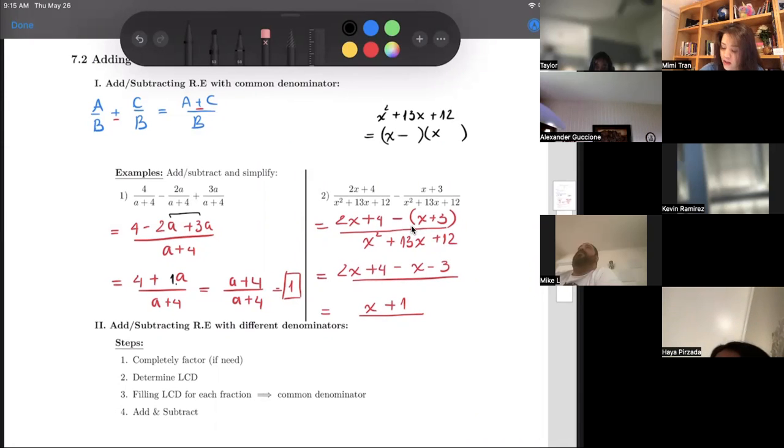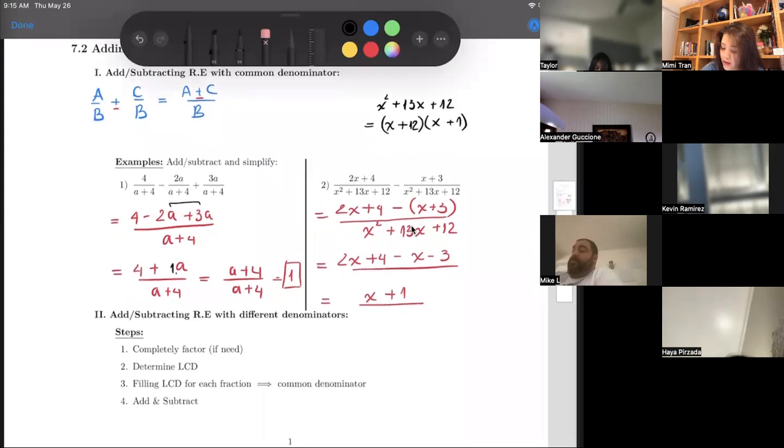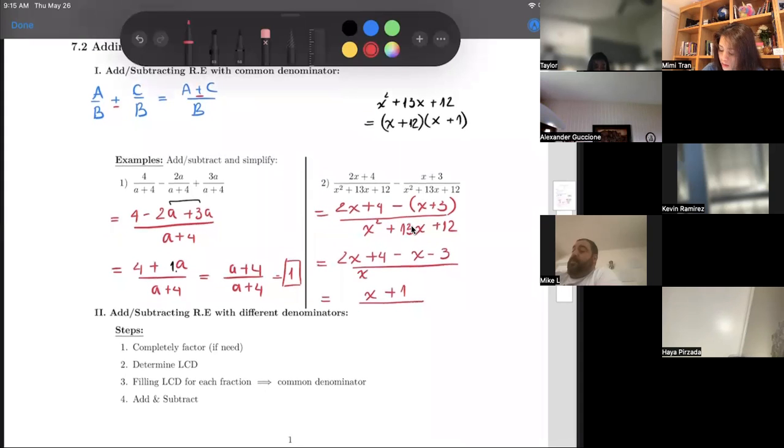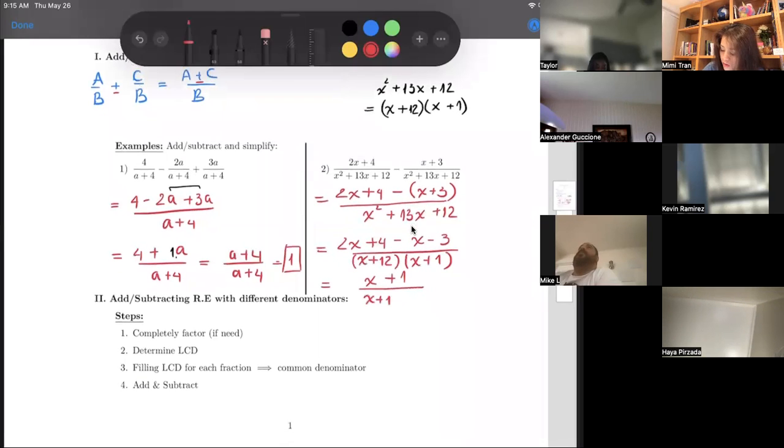Positive 12 and positive 1, right? So instead of the trinomial, I have two binomials: x plus 12 times x plus 1.